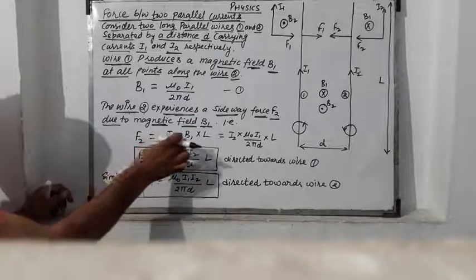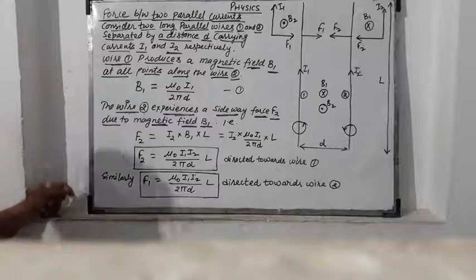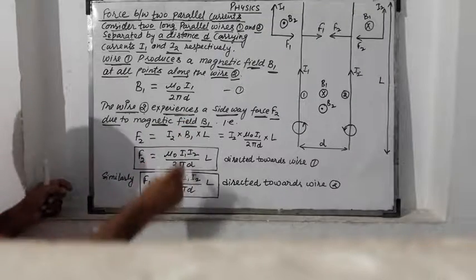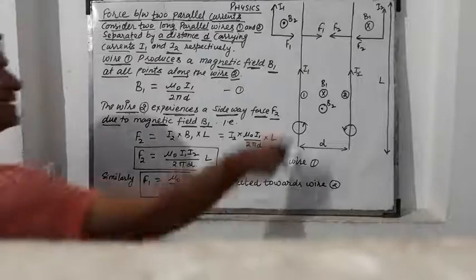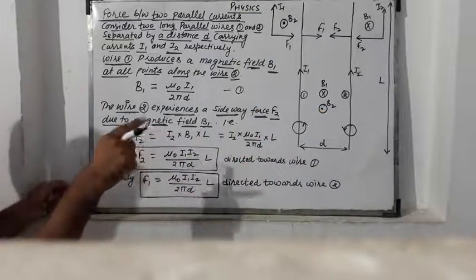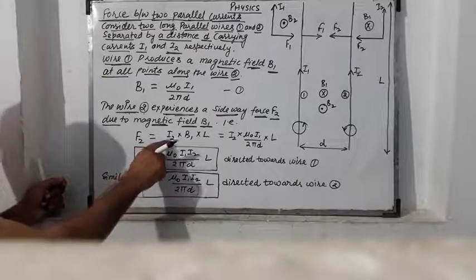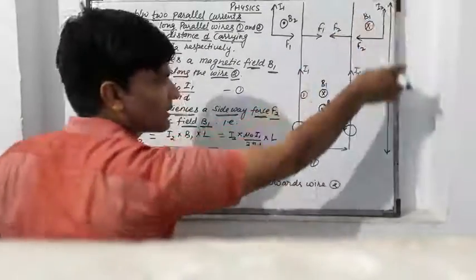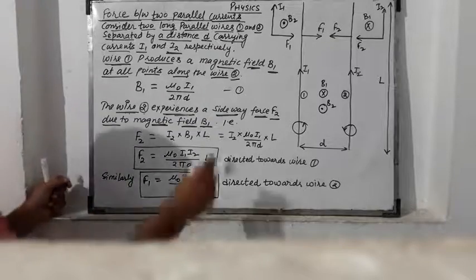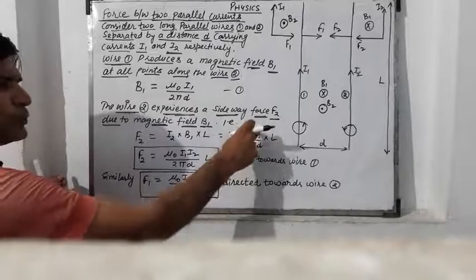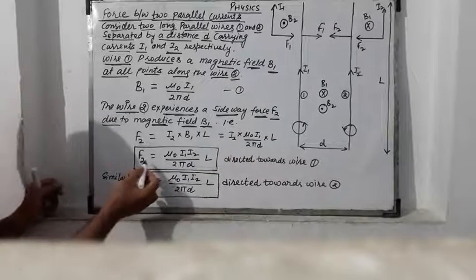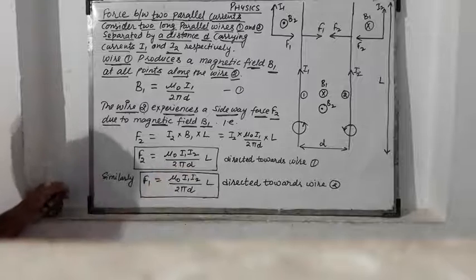We have the formula I B L. So F2 is equal to the current for wire 2, that is I2, times the magnetic field due to wire 1, because wire 2 is placed in the magnetic field of wire 1, so B1, and the length is L. So F2 is equal to I2 B1 into L. Put the value of B1: I2 into mu naught I1 upon 2 pi d into L. Rearranging this, we get F2 is equal to mu naught I1 I2 upon 2 pi d into L.